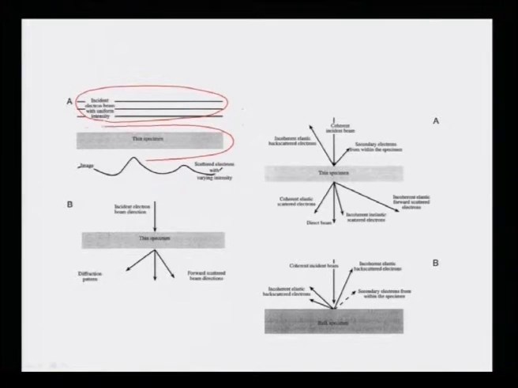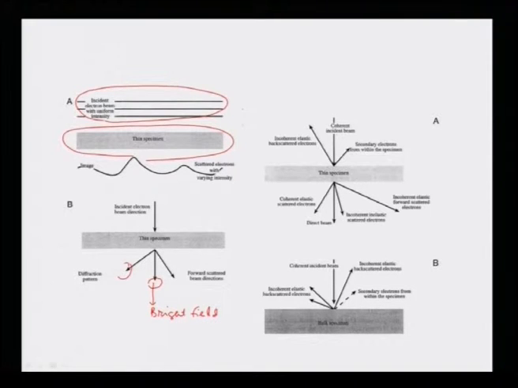As I said, during interaction it can either create a scattered electron beam, which is elastically or inelastically scattered, or it can generate a beam which has not undergone any kind of scattering. So, in a normal transmission electron microscope we can use the forward scattered or transmitted electron beam for bright field image.